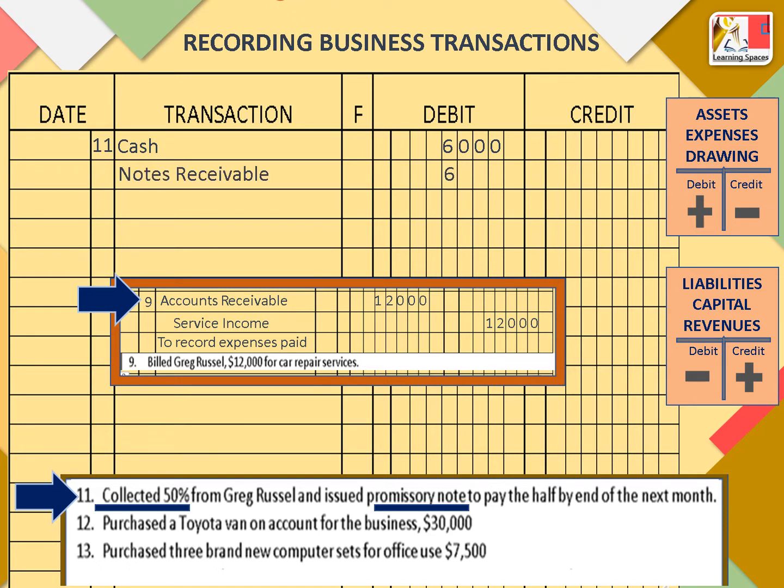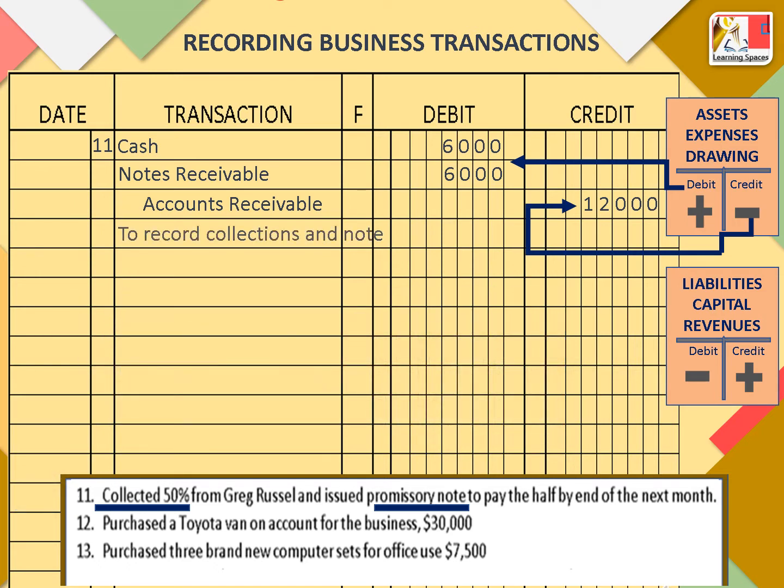Therefore, the notes receivable asset account shall also increase by $6,000, also on the debit side. Matching the two debit entries, the accounts receivable previously debited on March 9 will now be cancelled by decreasing it on the credit side, amounting to $12,000, which is the total of the two debits.